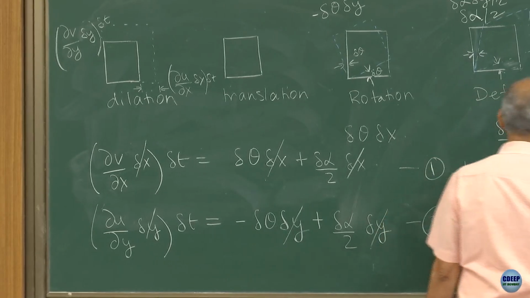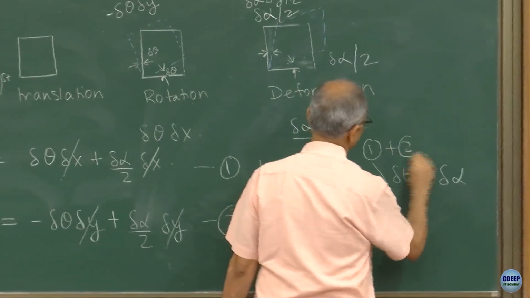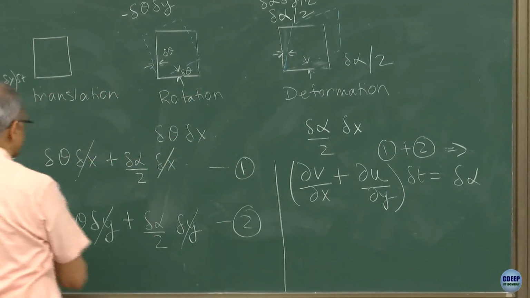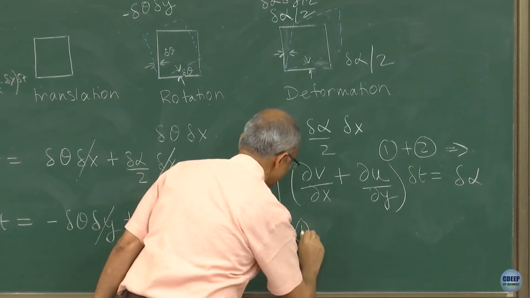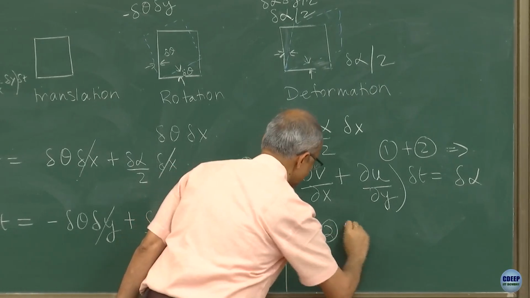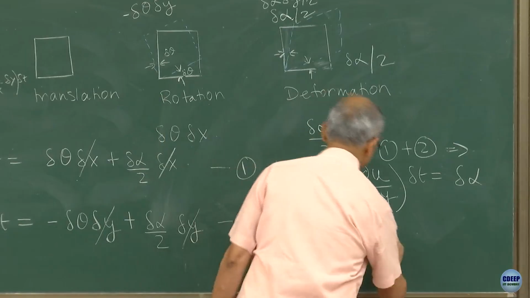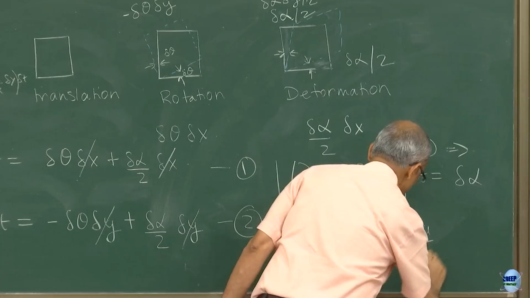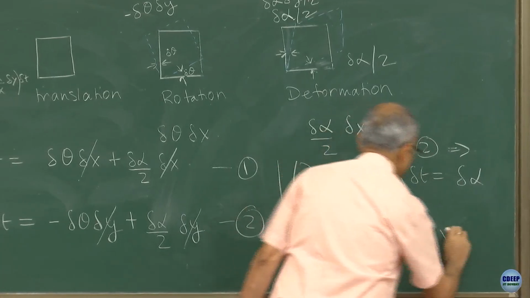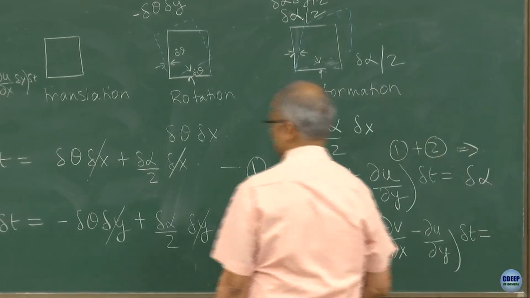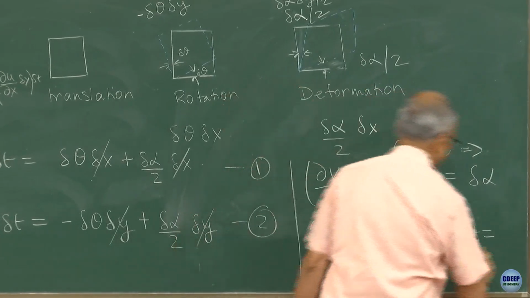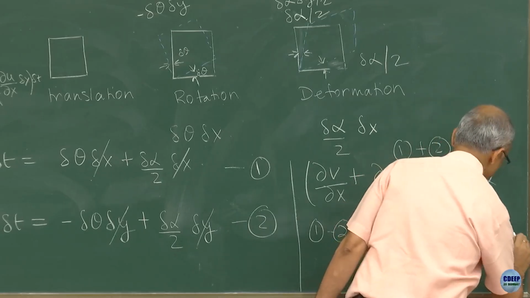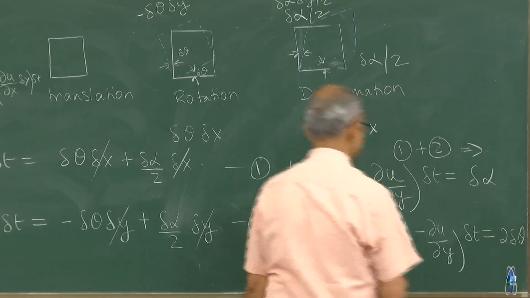This is what I will get by adding. So equation 1 plus equation 2 leads to this equation. And if I were to subtract 2 from 1, so 1 minus 2 gives me dou v dou x minus dou u dou y times delta t is equal to twice delta theta.